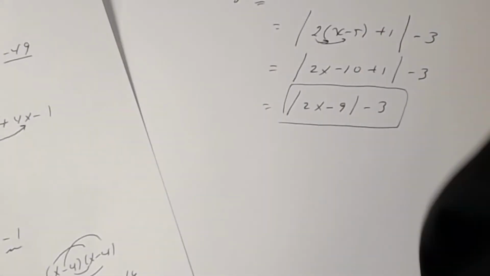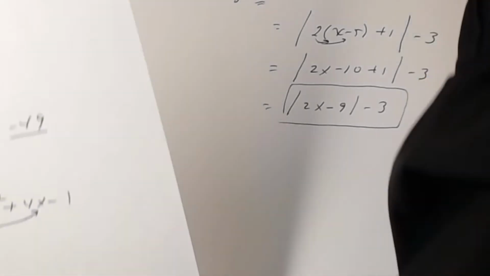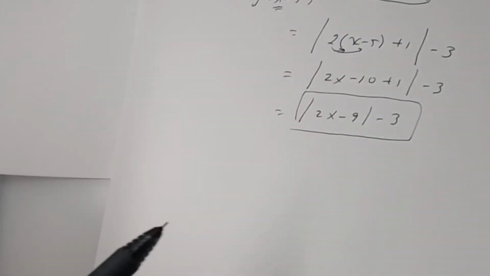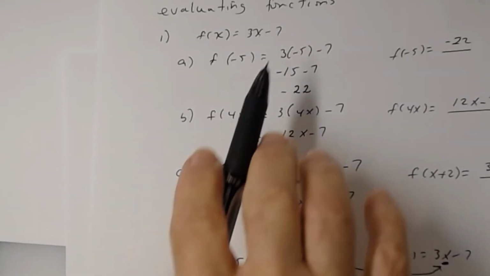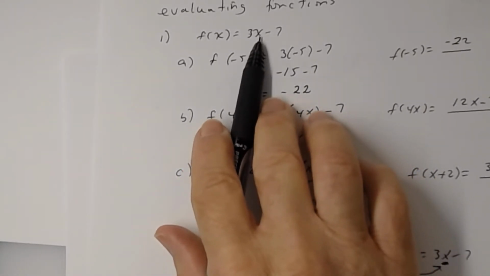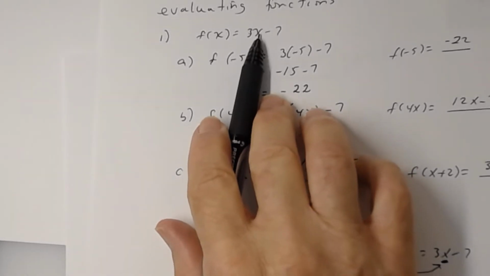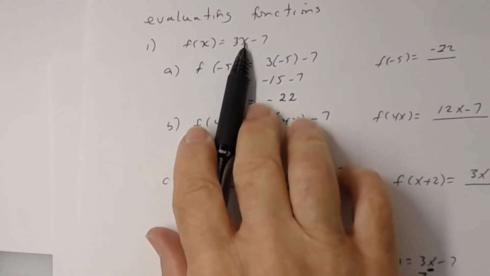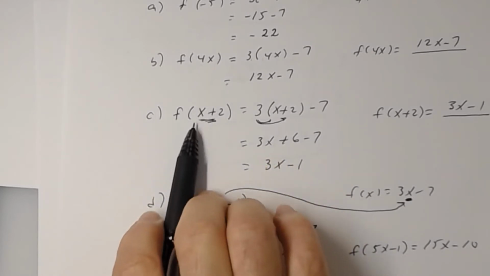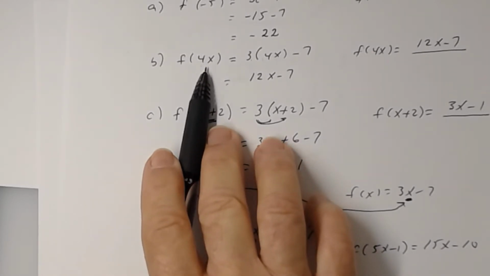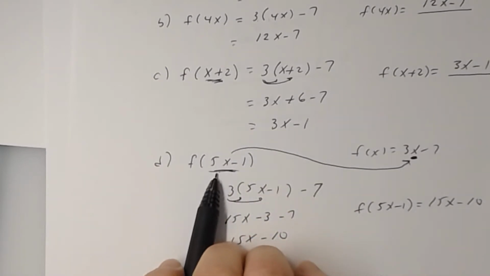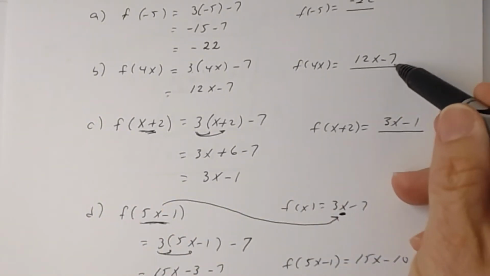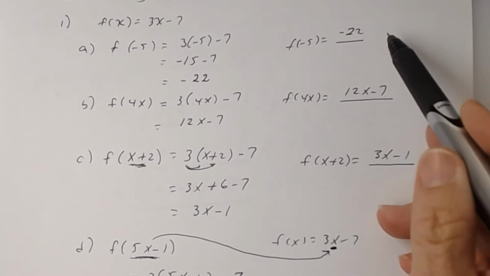When I did number 1 for part C, what kind of expression did I have here? Linear. When I evaluated at a variable expression, I ended up with what kind of function in all cases?